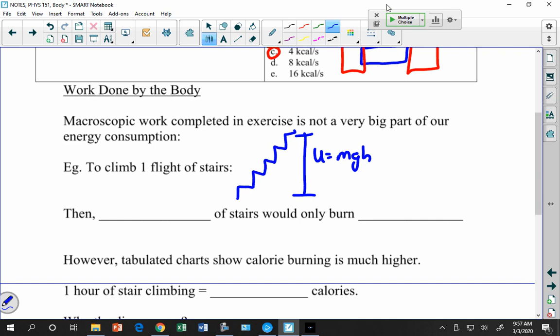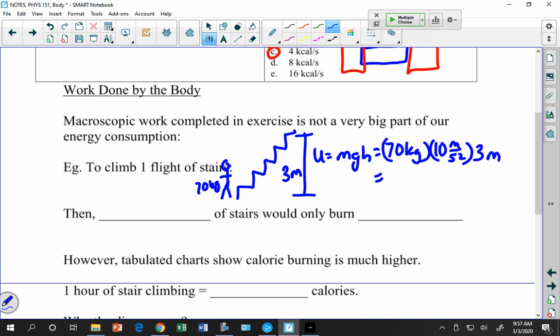So if you imagine that I am 70 kilograms, a typical person is about 70 kilograms, and they go up a flight of stairs, and say that flight of stairs is, I don't know, 3 meters tall, then the energy that they burn in moving up that flight of stairs is 70 kilograms times 10, that's g, meters per second squared, times h, which is 3 meters.